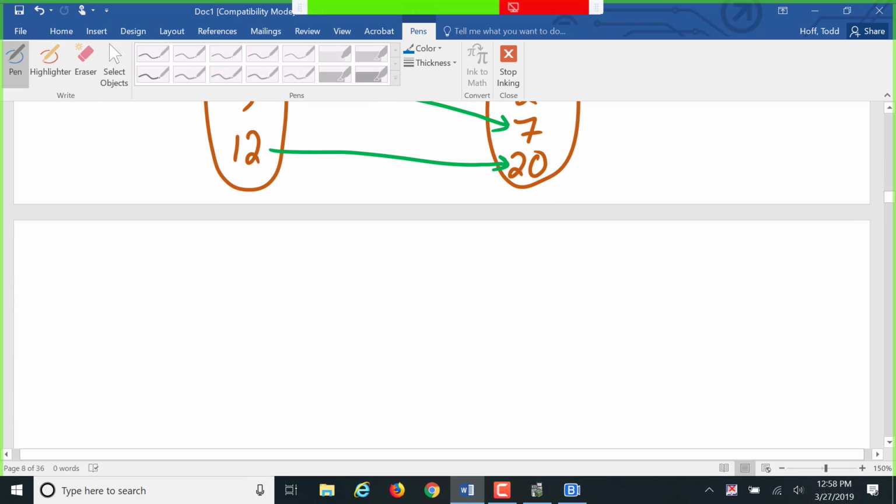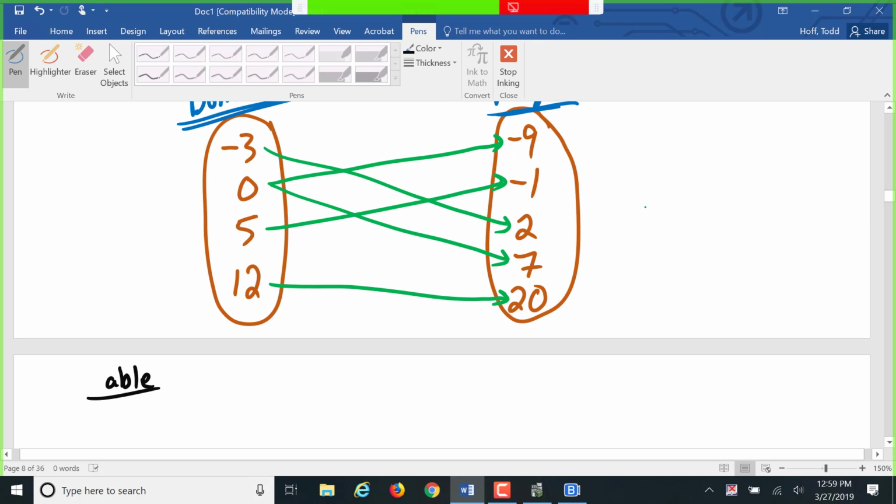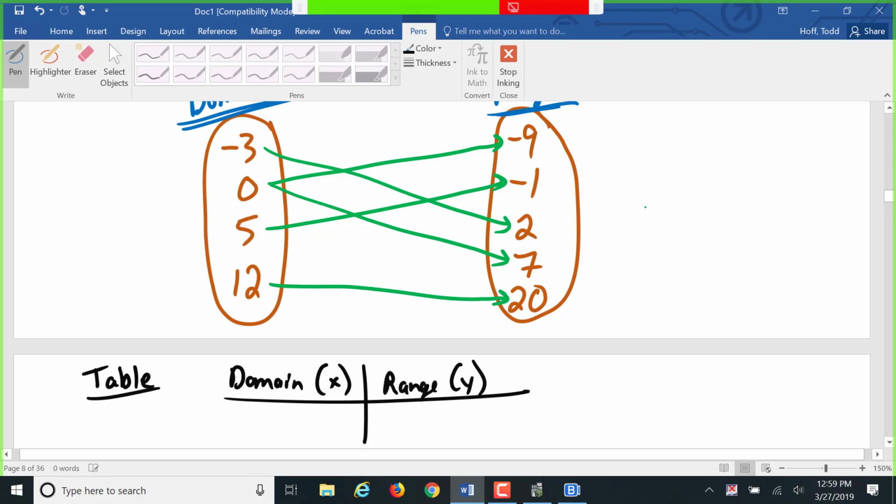Well, another way of expressing this relation would be simply a table. We could list out all these pairs up here by saying we've got the domain. The domain, by the way, is usually represented with the variable x. And the range, again, usually represented by the variable y.